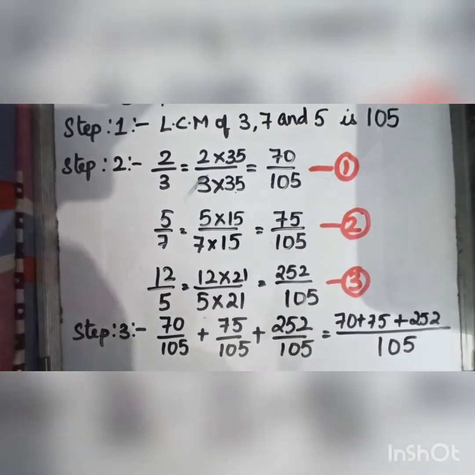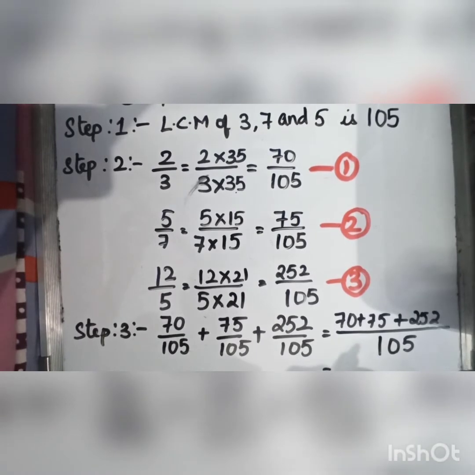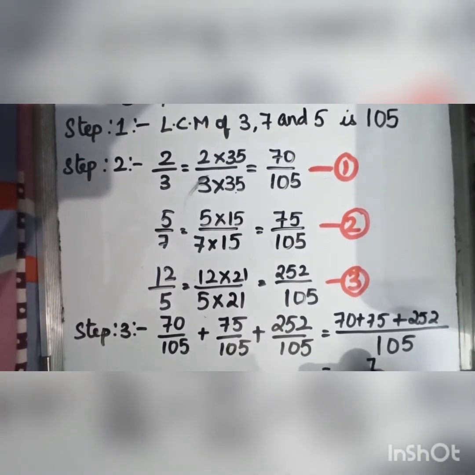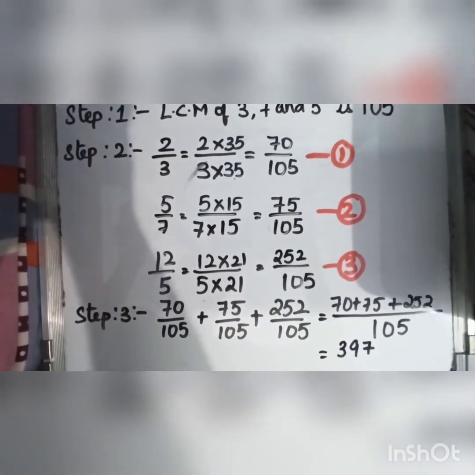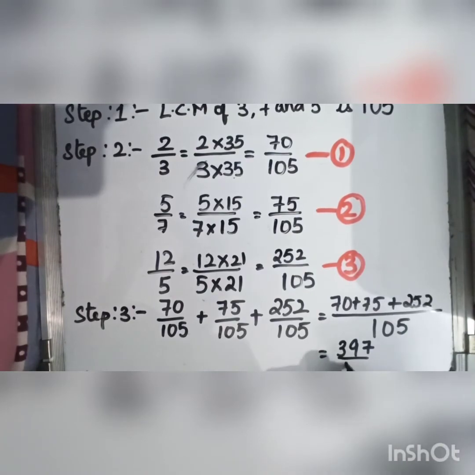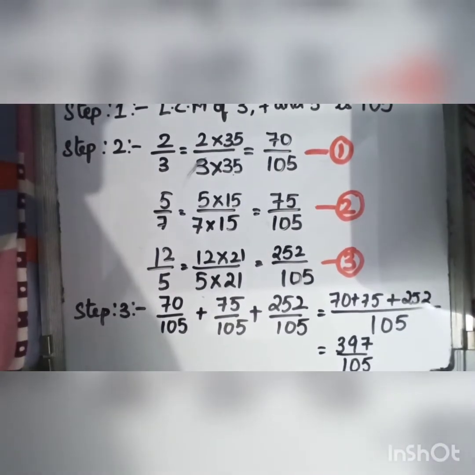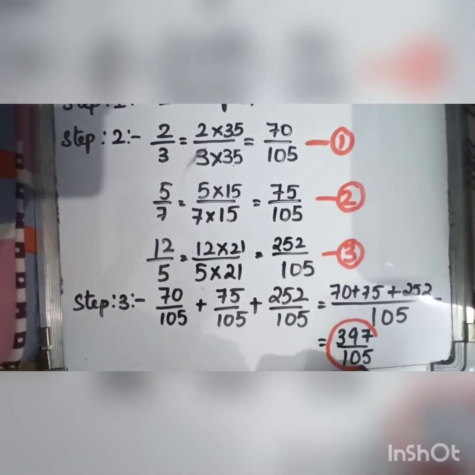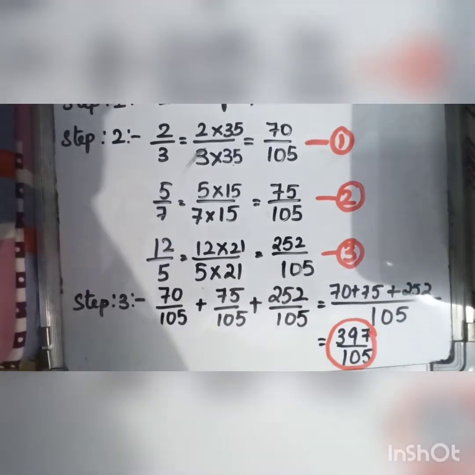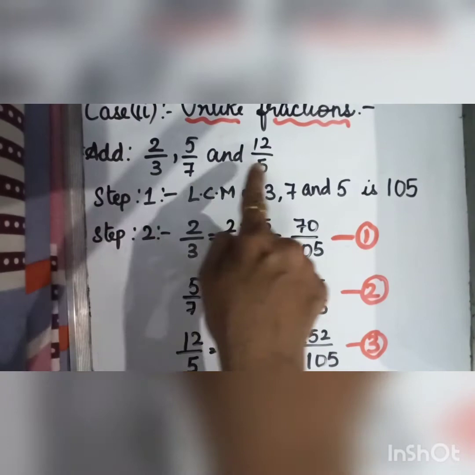What is 70 plus 75 plus 252? That is nothing but 397 by 105. This is your final answer. 397 by 105 is the addition, or the sum, of the given unlike fractions.